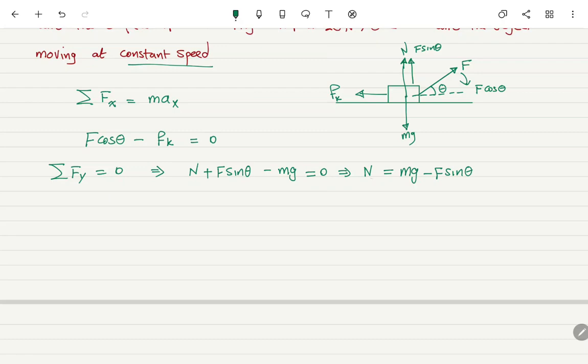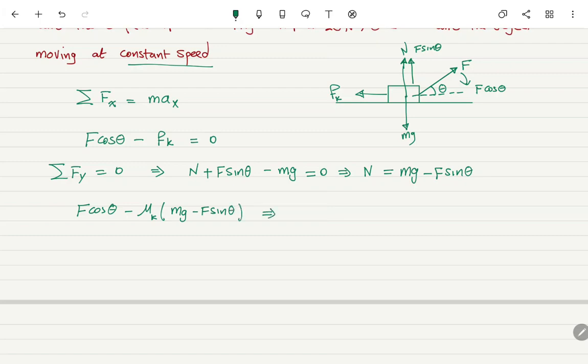Now you substitute this normal into Fk in this equation, and you will get F cosine theta minus μk times (mg minus F sine theta).